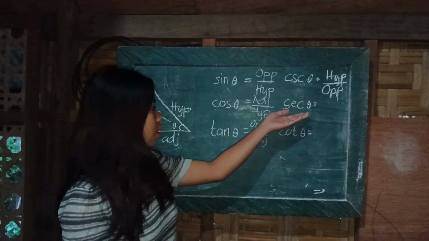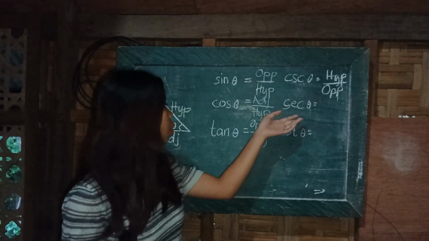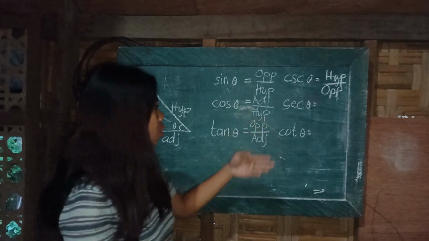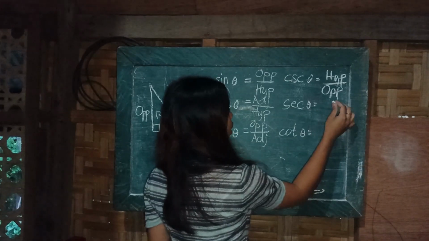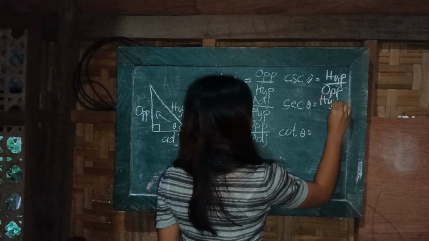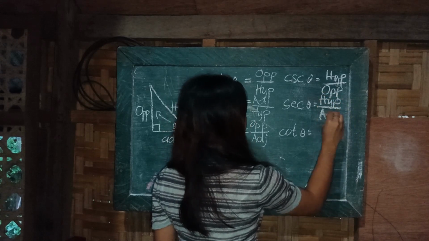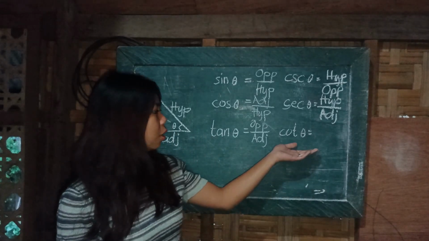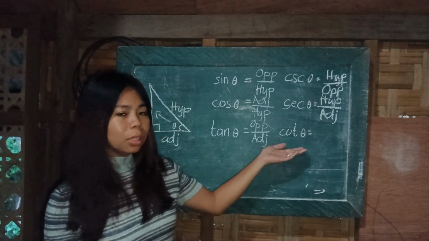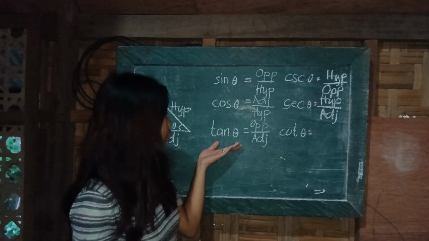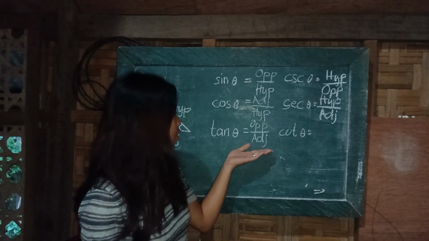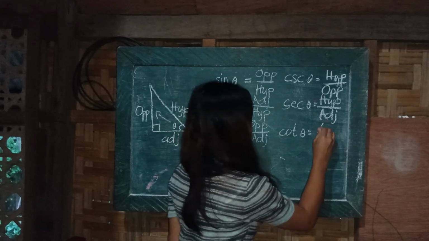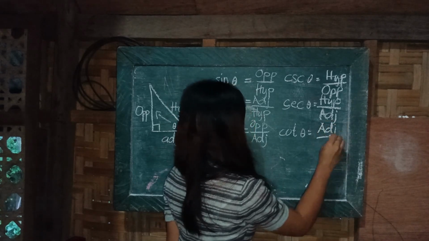Next, secant theta is the reciprocal of cosine theta, which is adjacent over hypotenuse, so secant theta is simply hypotenuse over adjacent. And lastly, cotangent theta is the reciprocal of tangent theta, which is opposite over adjacent, so cotangent theta is simply adjacent over opposite.